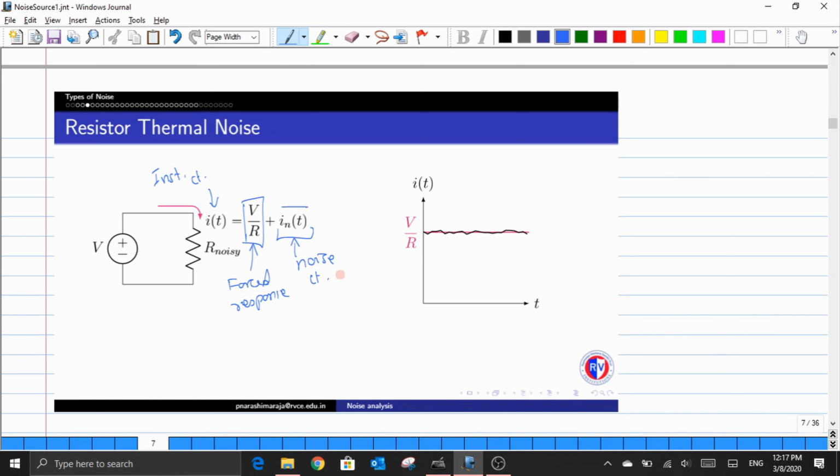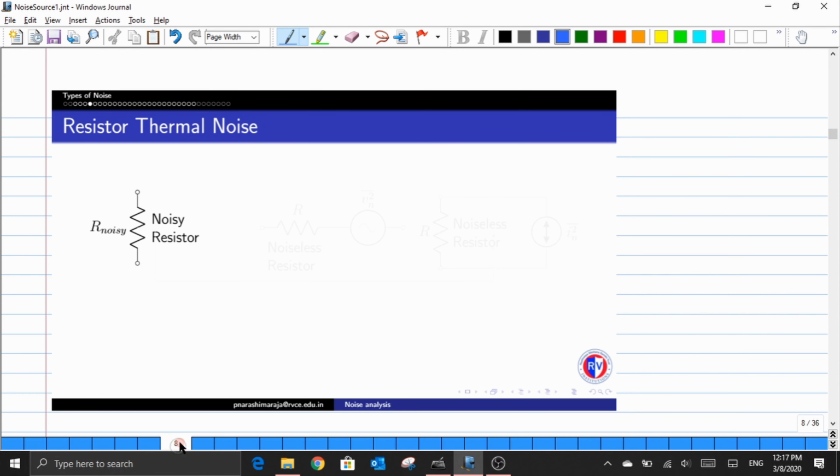Now clearly one could represent this noisy resistor in terms of a noiseless resistor plus some sort of noisy component associated with it. What I mean is that one could represent this noisy resistor with a circuit element where we have an R which is completely noiseless, and along with this one could add a voltage noise term, the root mean square value of the noise source, in series with it.